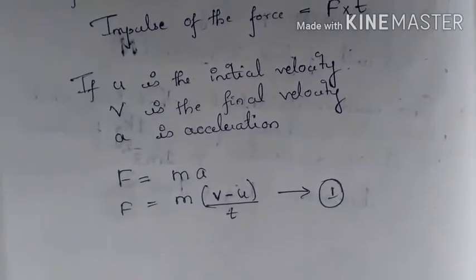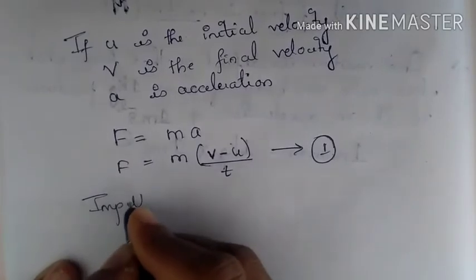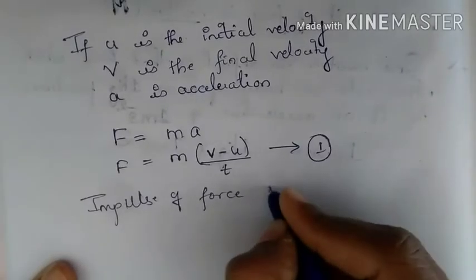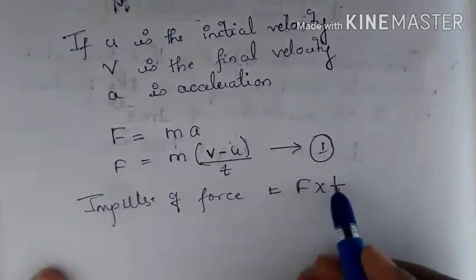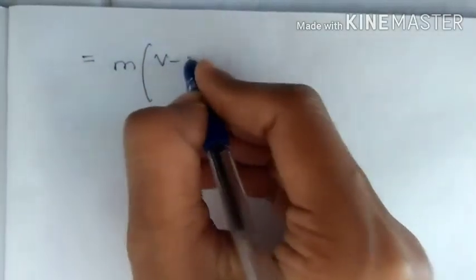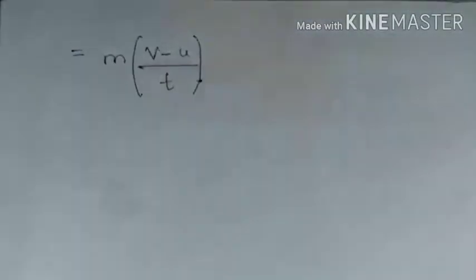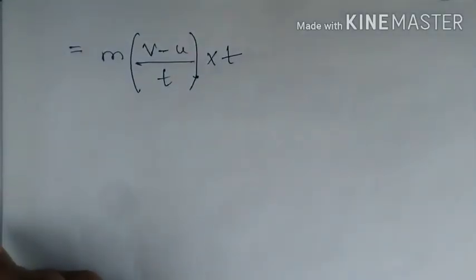Now we know that impulse of force is equal to F into T. So here we have F and here we have T. Let us multiply F and T. F is M into (V minus U) by T. Now multiply this F with T to get the impulse of force.